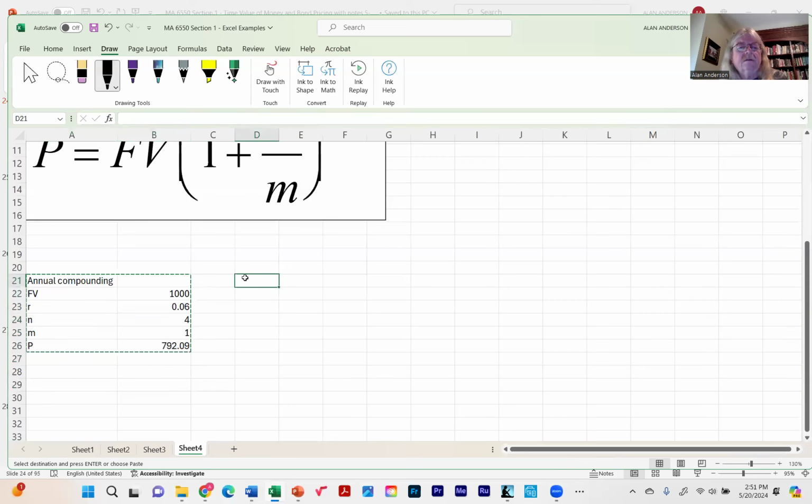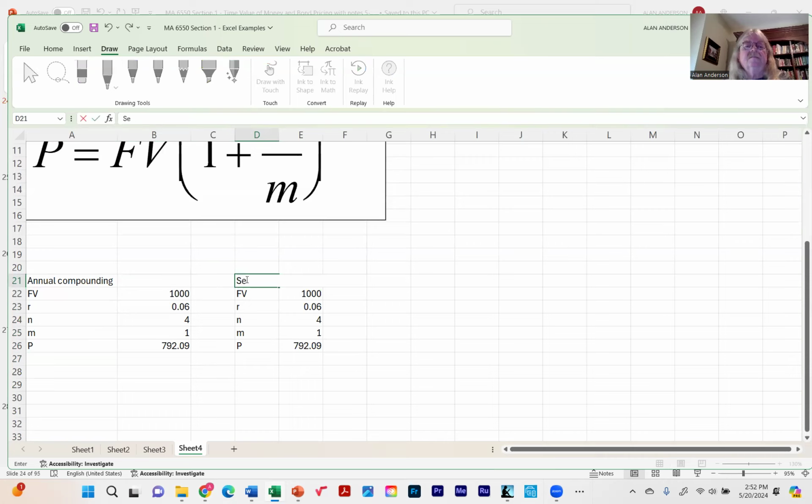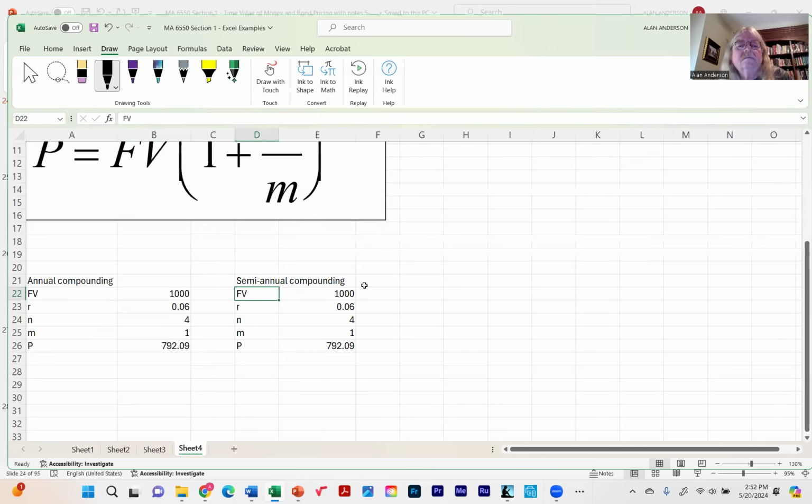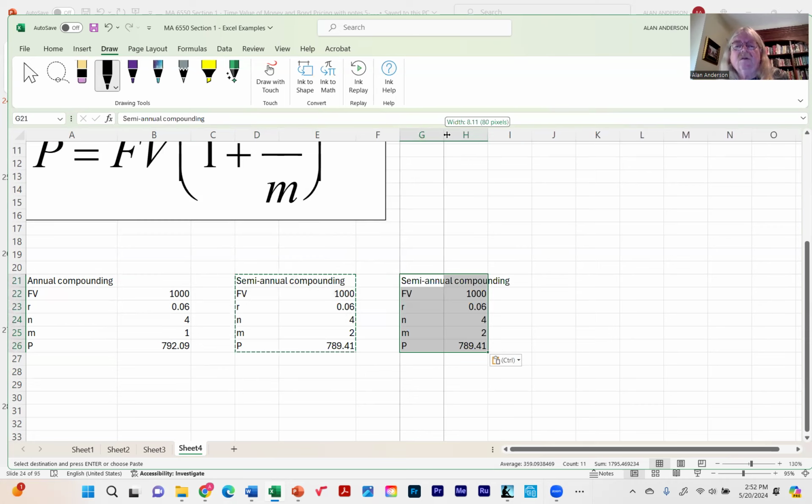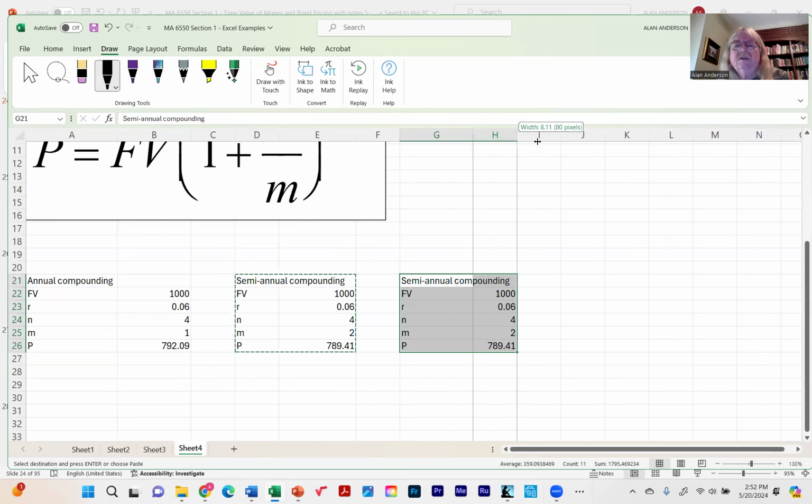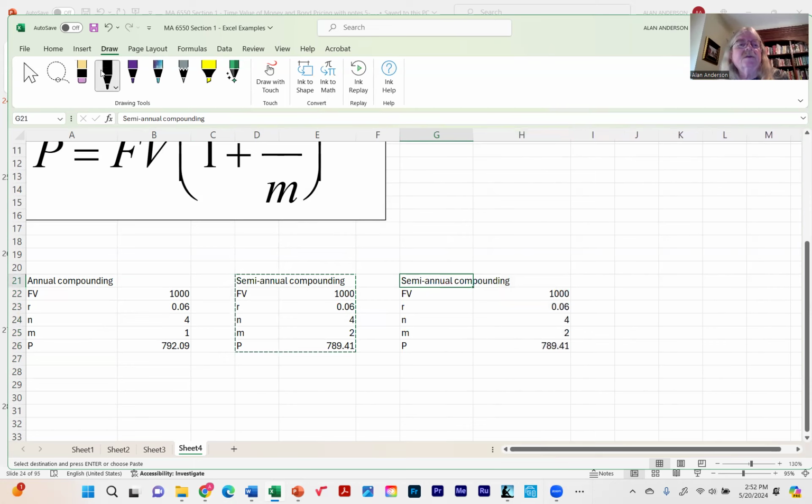We'll start with semi-annual, so all I have to do is change this to 2. Then we'll have quarterly, monthly, and yearly, and then we'll do continuous.